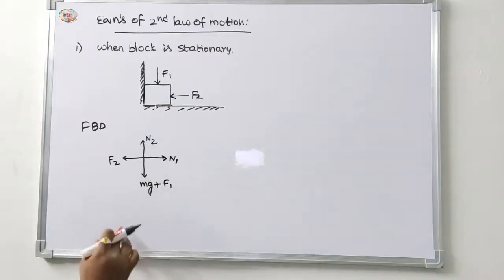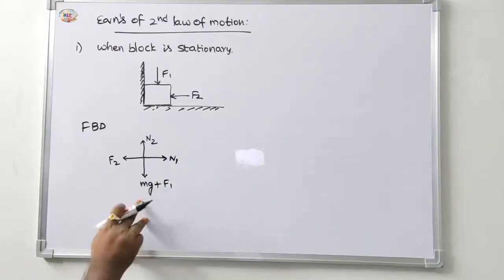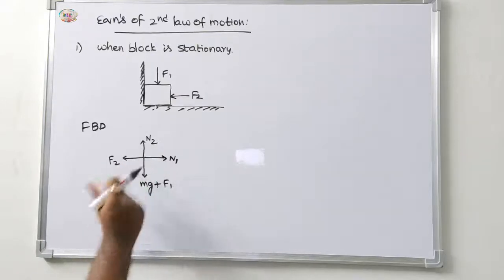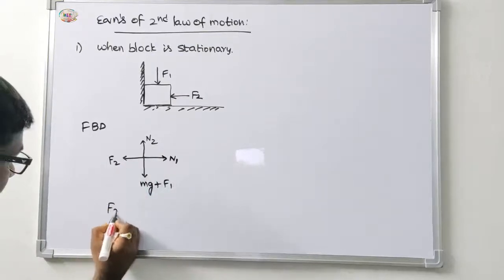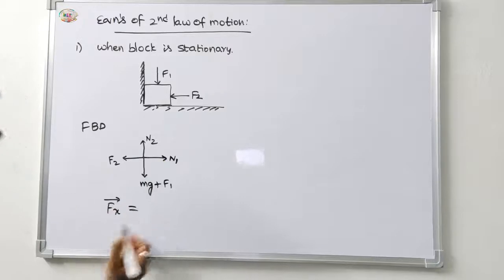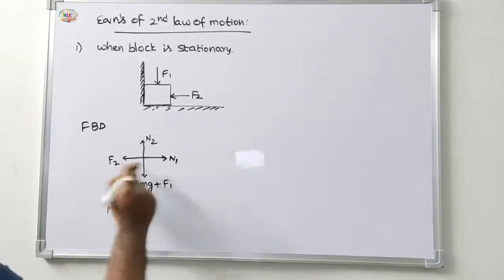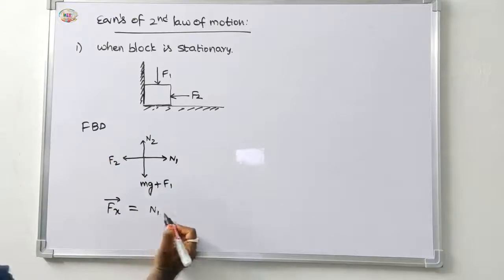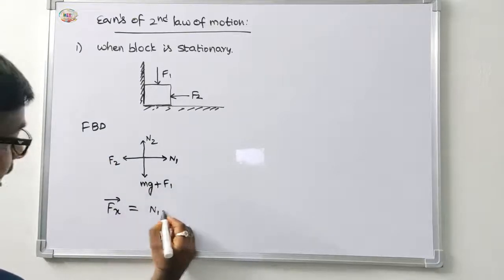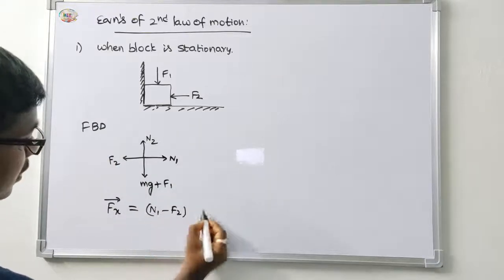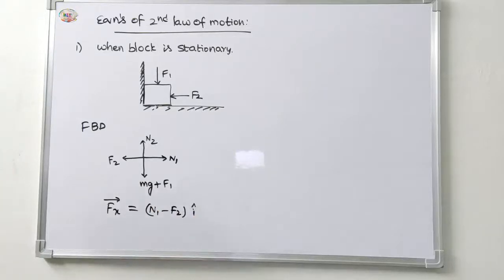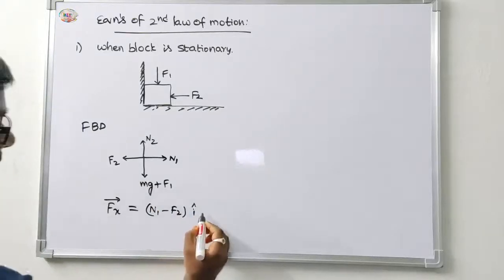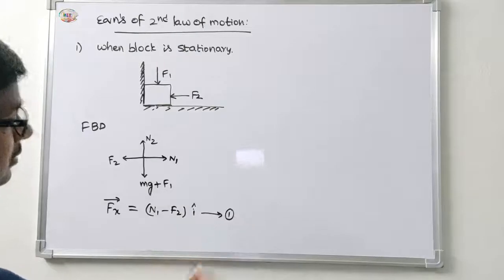The direction of force is very important. So along the x-axis, Fx is equal to N1 minus F2 into i cap. This is equation number 1.